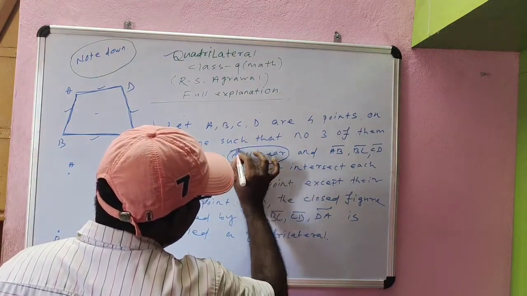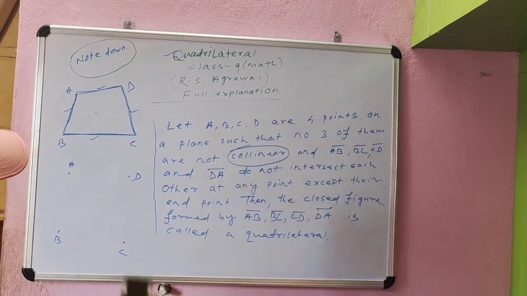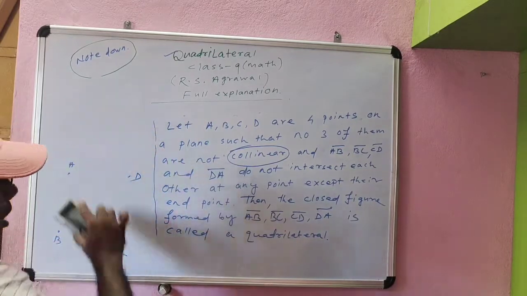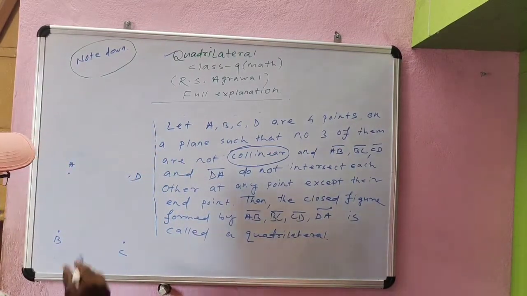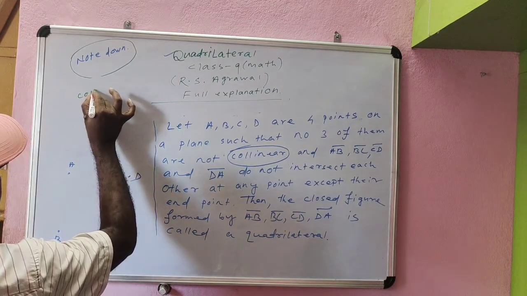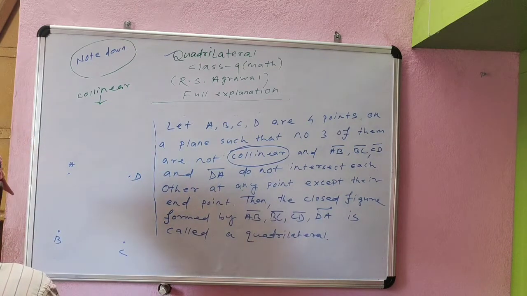What do you mean by the word collinear? Collinear means lie on the same line.